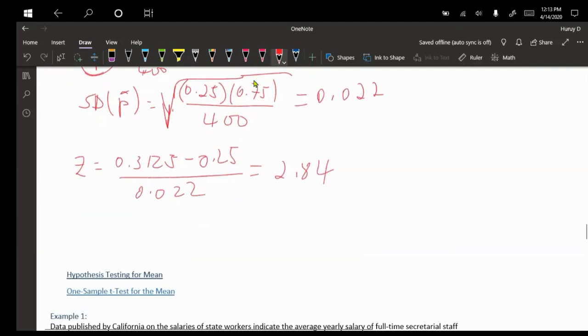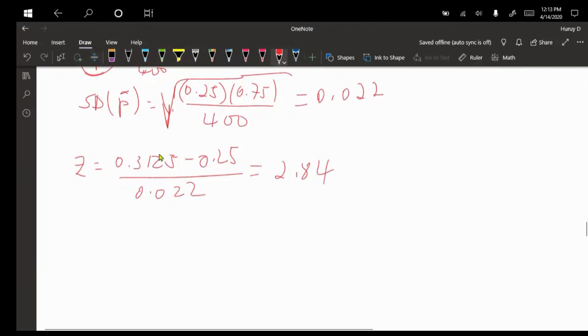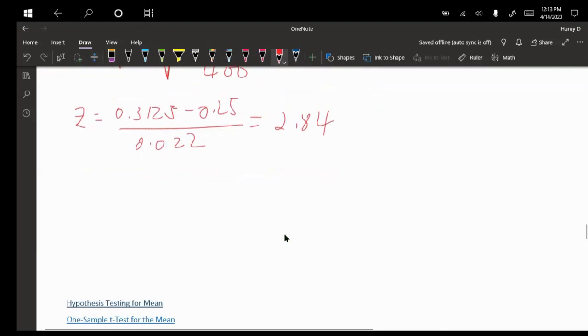Okay, so next is we need to find the p-value. So all this is just step by step. We use this z value to find our p-value.